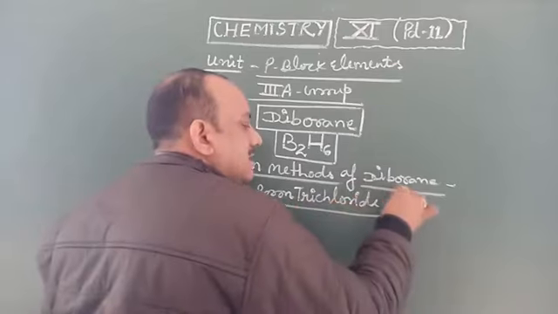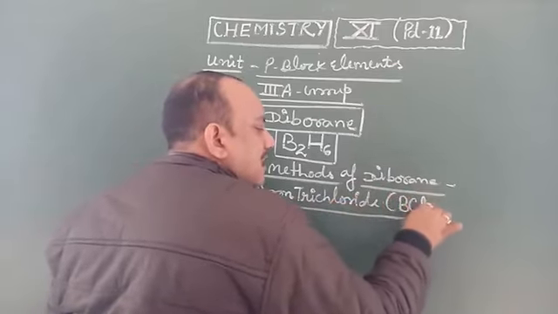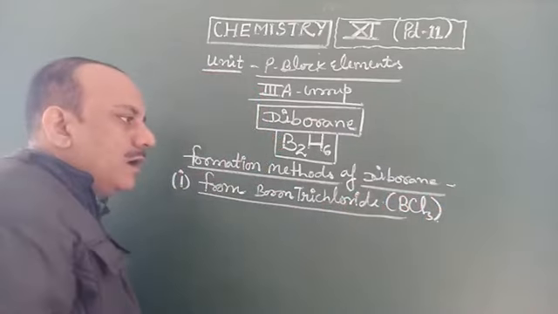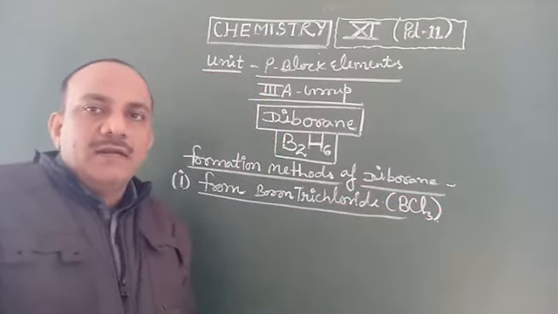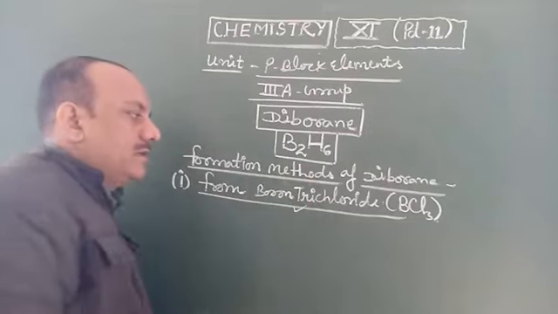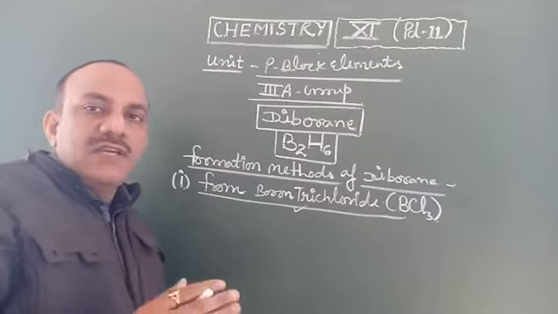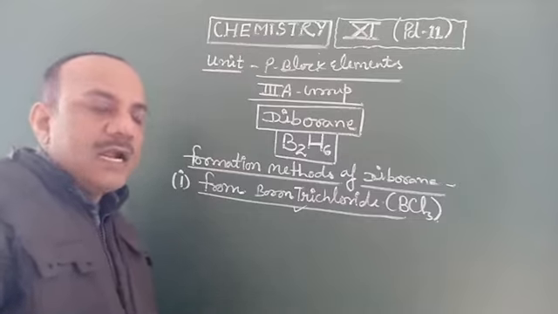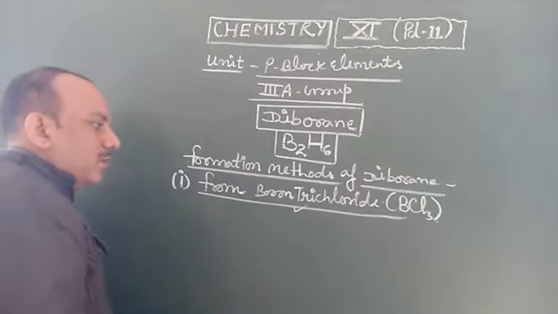Its formula is BCl3. When lithium aluminium hydride reacts with boron trichloride in the presence of ether, it makes diborane and lithium chloride.